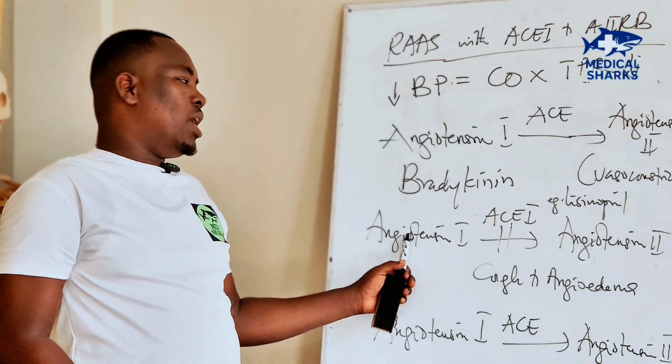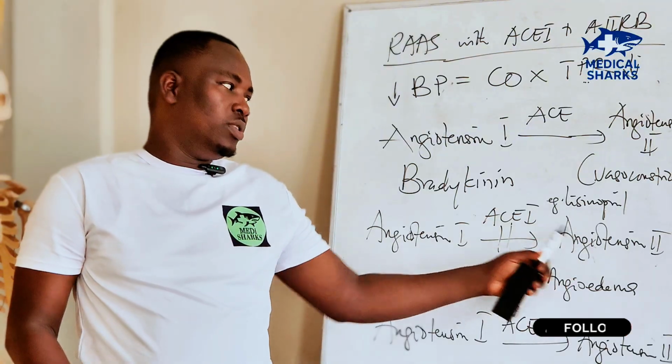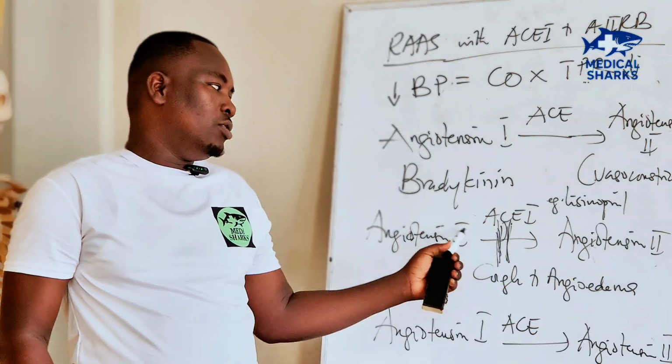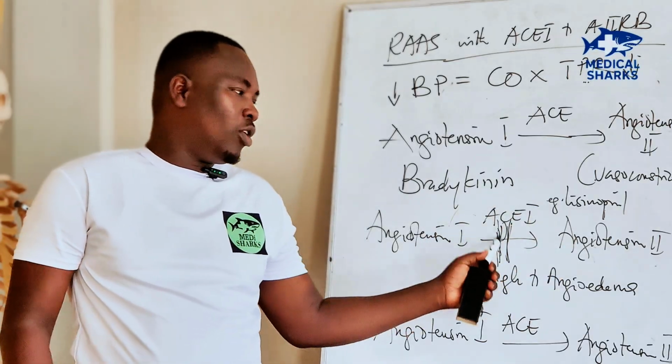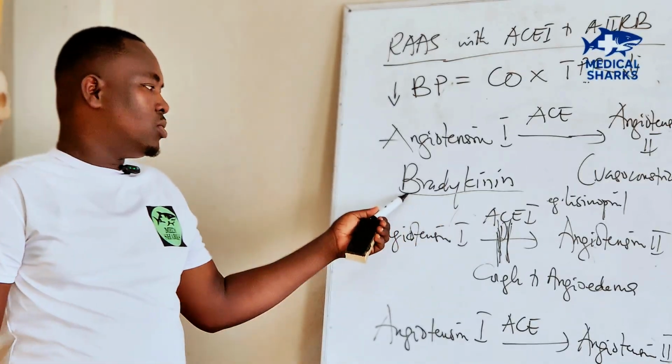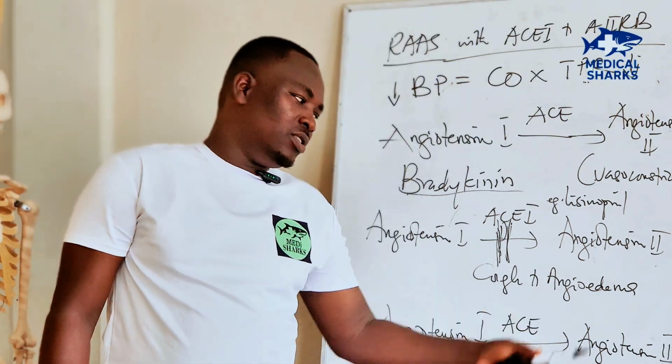Angiotensin I not changing into angiotensin II, there is accumulation of bradykinin because the pathway has been blocked. And bradykinin causes the patient to cough and experience angioedema.